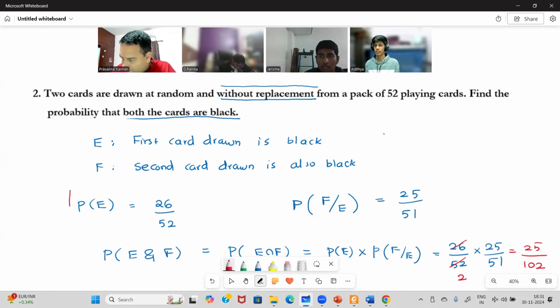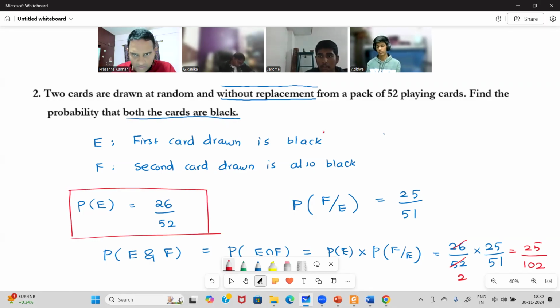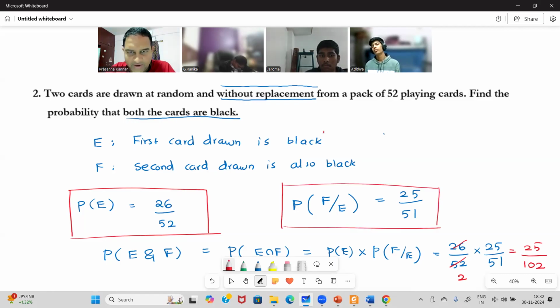See here, you can clearly see. First time when she is drawing the black card, what is the probability, Jerome? 26 by 52. Now a black card is taken and kept aside. So how many black cards are remaining now? So 25 by 51. So 25 black cards are there. Total cards is 51. Understood? Yes, sir. So are you clear now when you are getting two events to be dependent?